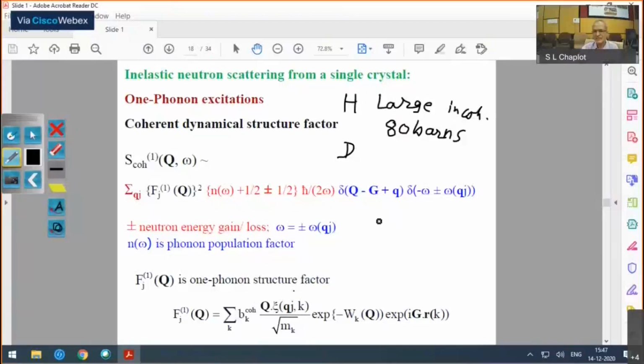This can also apply to lithium, for example, where we have lithium-6 and lithium-7. Lithium-6 has a large absorption, so it is advisable to use the lithium-7 isotope if it's possible. But this is a less important thing. Mostly it is important for hydrogen and deuterium.